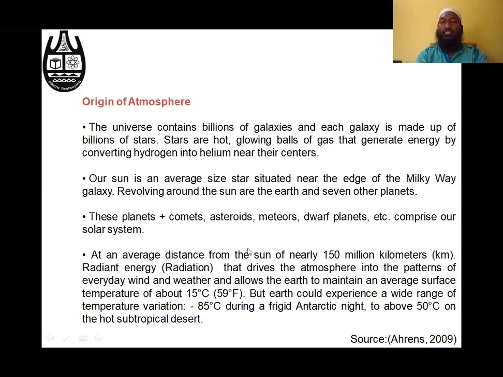So that particular type of planet is very cool because of the distance, because of its different set of atmosphere. We'll also see different types of atmosphere later in this chapter.